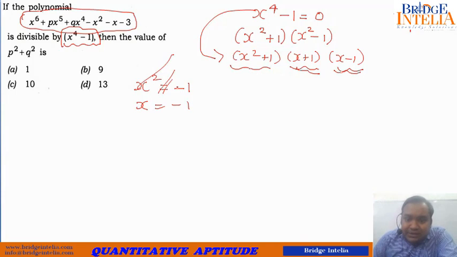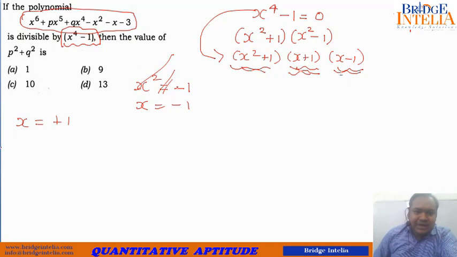To proceed you can conclude either of these to be equal to 0 and replace that value of x in the given expression. The expression has to reduce to 0. So first I will try to put x is equal to minus 1 here, and then I will try to put x is equal to plus 1 here. In both the cases, the value of expression must be equal to 0. So first I am doing it for x is equal to plus 1.